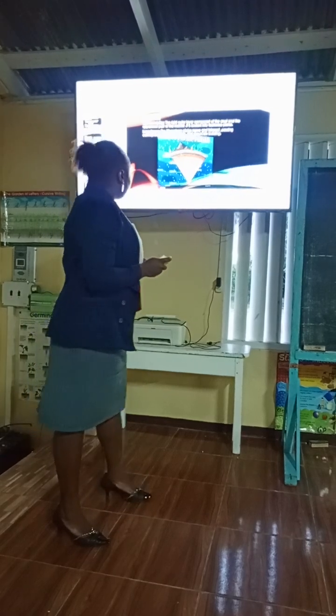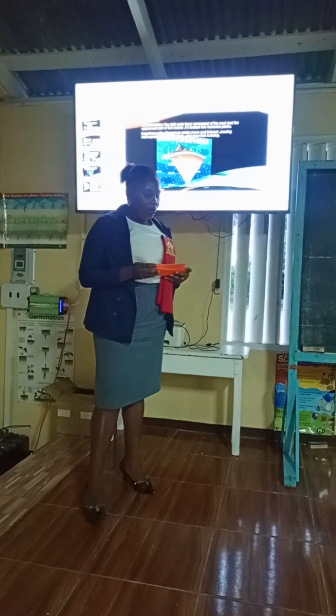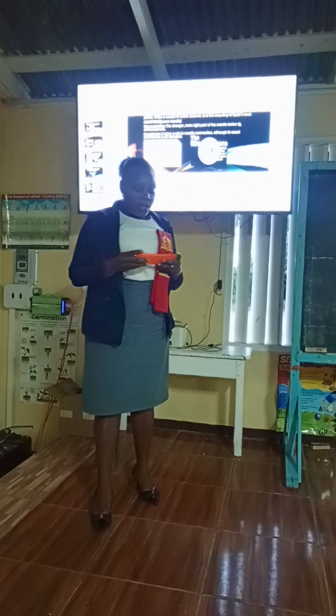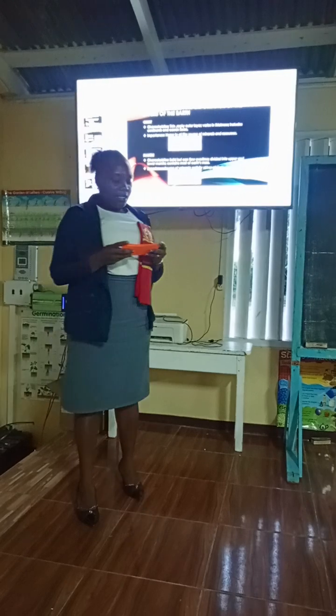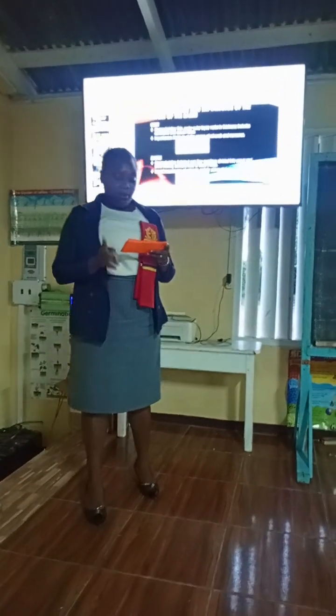Characteristics of the Earth's layers. Crust. Characteristics of the crust. The outermost and thinnest layer, it is composed of solid rocks and divided into two types. Oceanic crust, thinner, 5 to 10 km, denser and composed mainly of basalt.